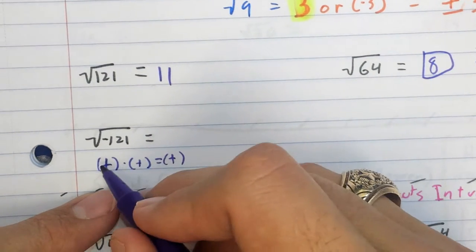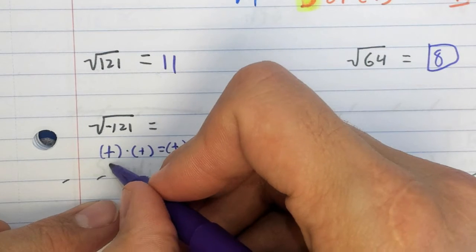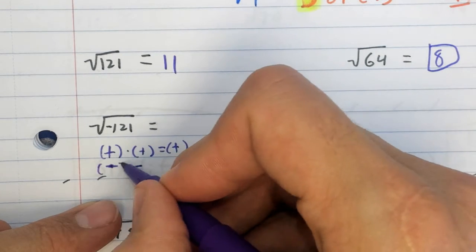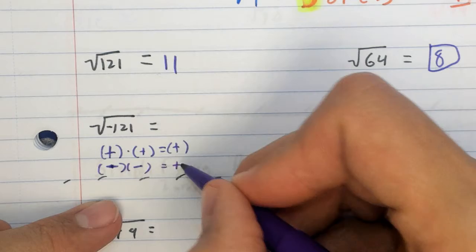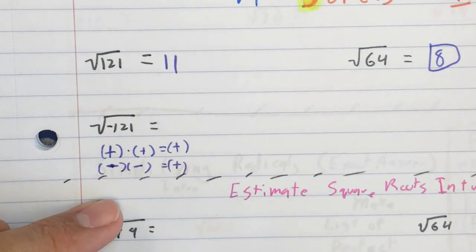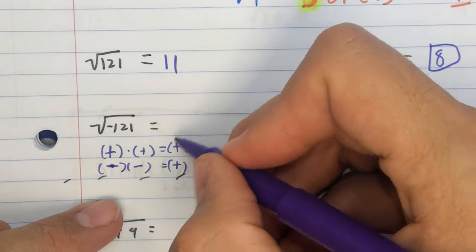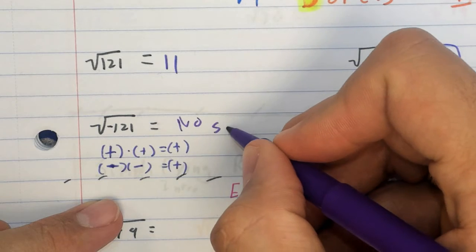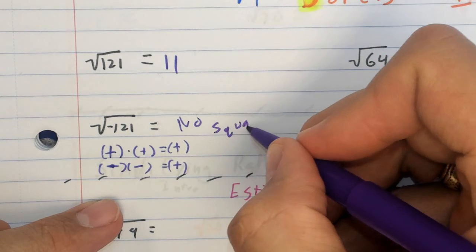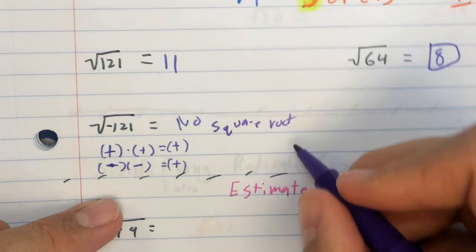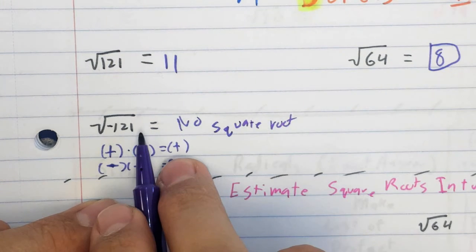Remember, they have to be the same when we multiply them. If we multiply a negative times a negative, it is also going to be a positive. So there is no square root of a negative number.